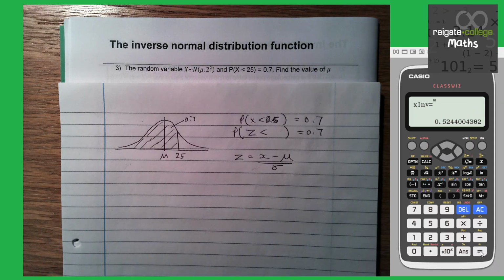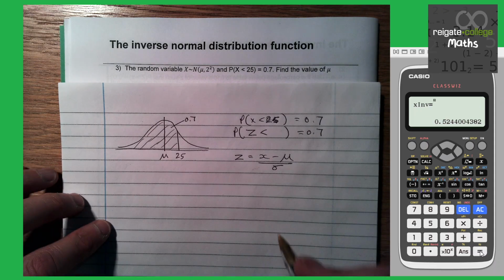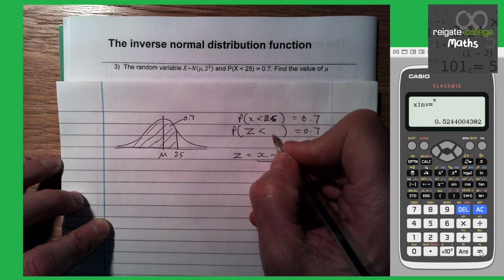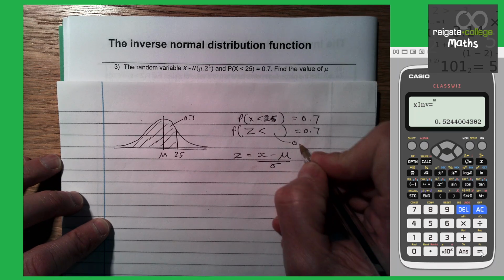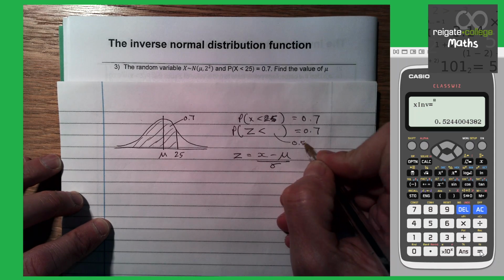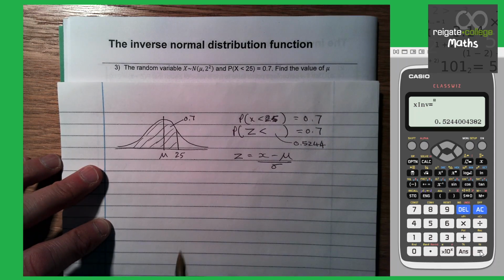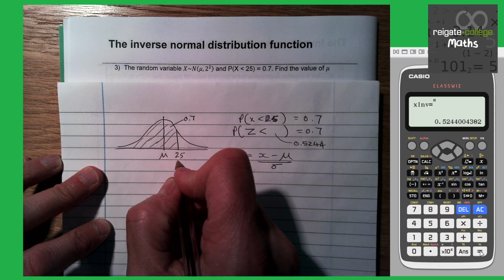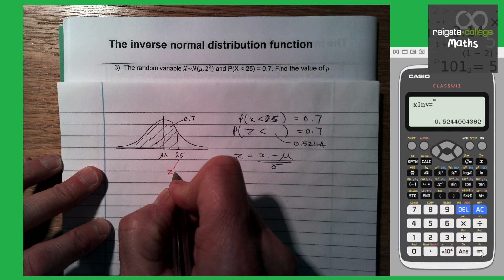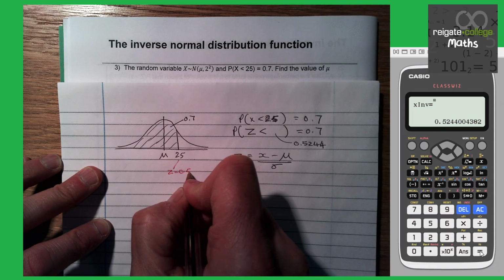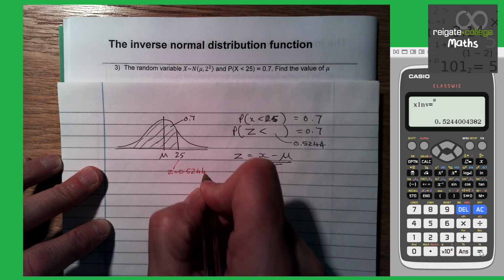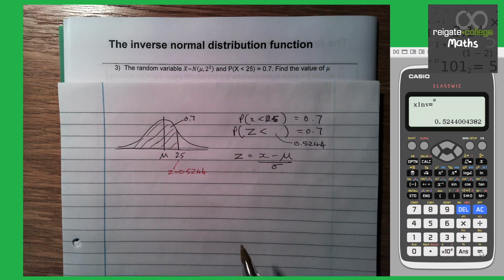If we press equals, we get 0.5244. So we can put: z value equals 0.5244.